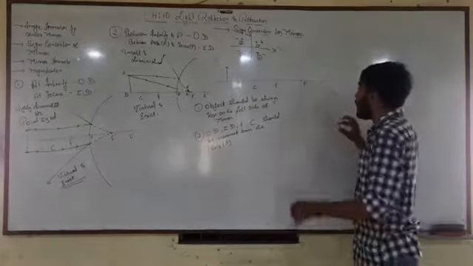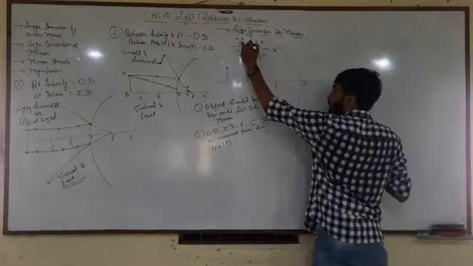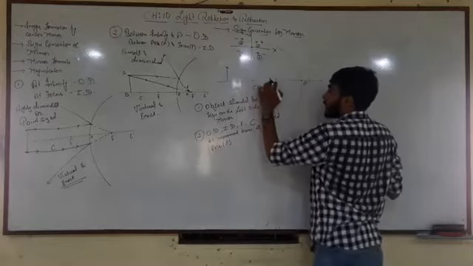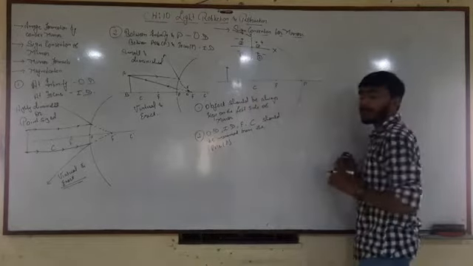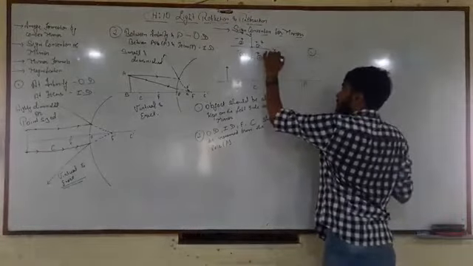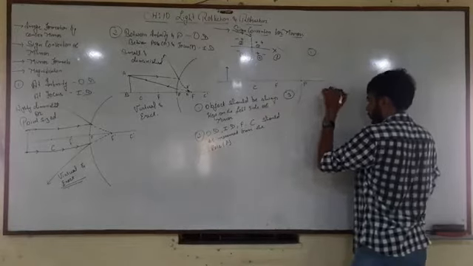Think that this pole is the origin. This is your second and third quadrant, this is your first and fourth quadrant. Name this as first, second, third, and fourth.